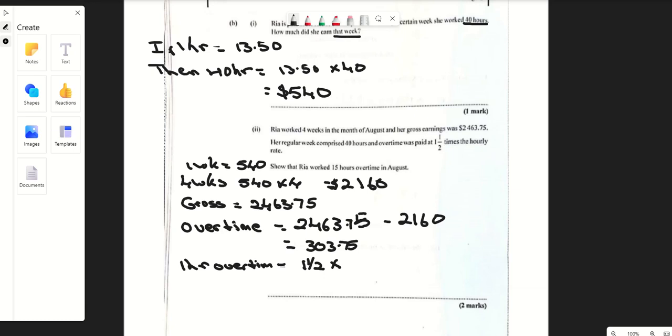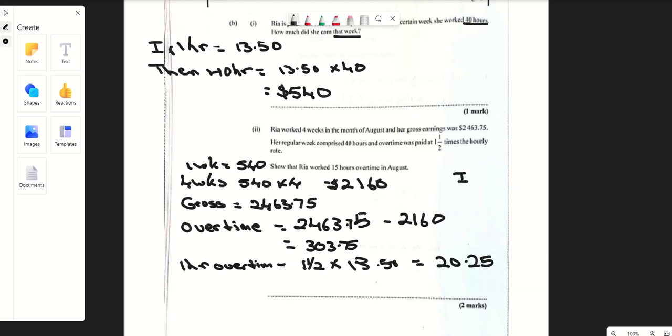So you're going to multiply $13.50 by 1.5. So you know that for 1 hour of overtime, she's earning $20.25. Then therefore we are trying to find the number of hours.